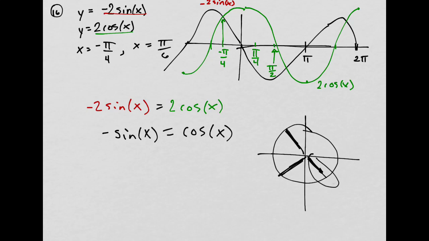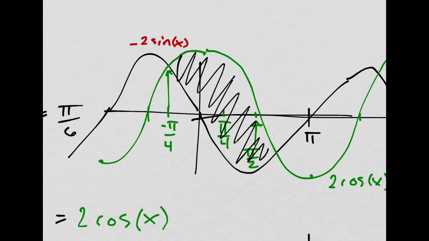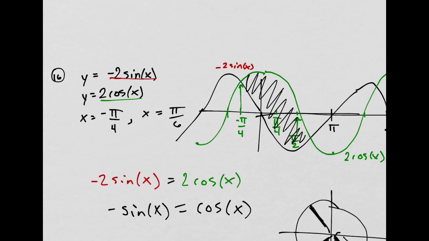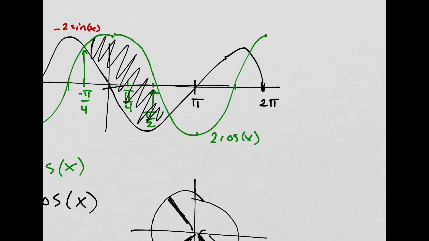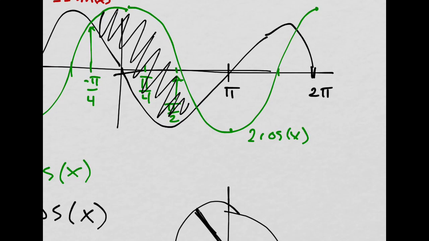I'm going to go back to my graph. That means I need the area from in between here, which is the bigger function, to cosine x, right? And I'm going all the way until pi over 6. Where's pi over 6, do you think?